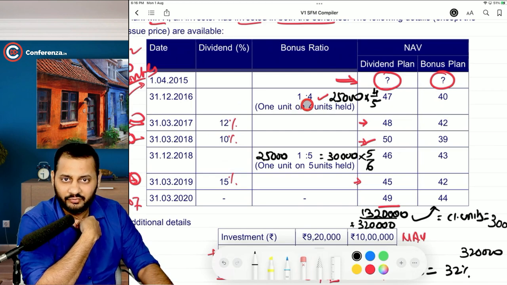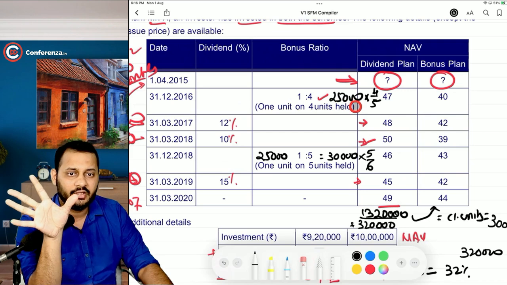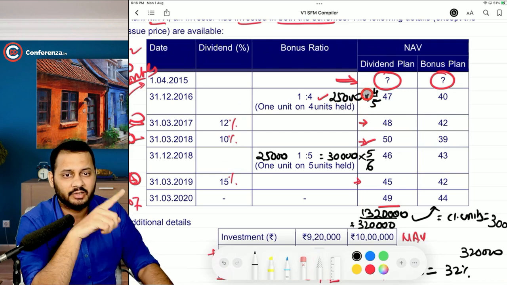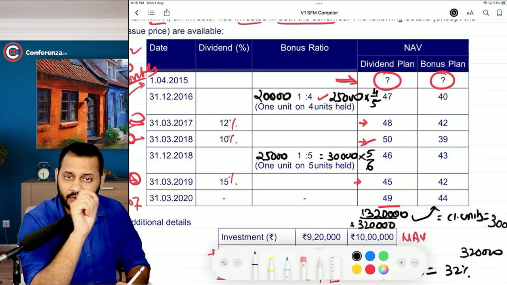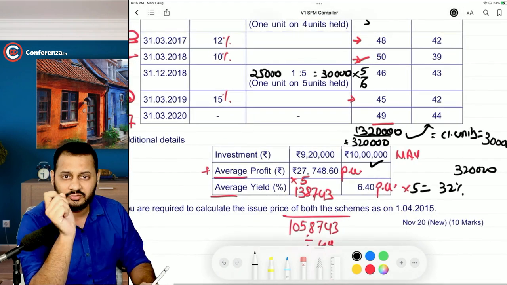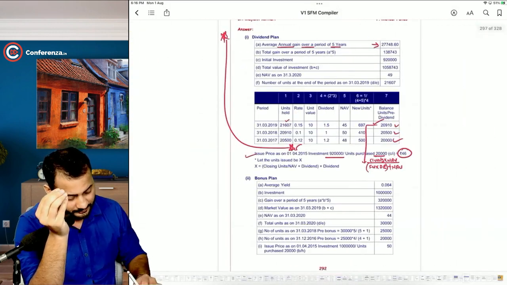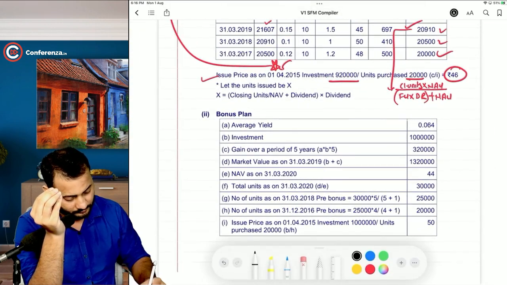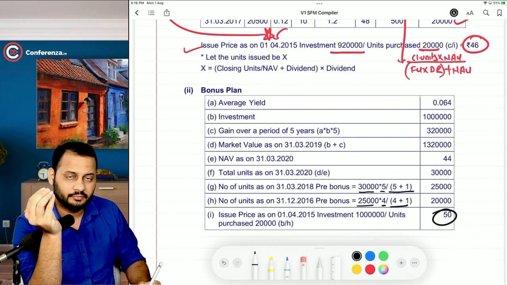So earlier we had 4, we received one more. So total we should have 5 now. So 25,000 divided by 5, 5,000 multiplied by 4, 20,000. So in this case also the number of units were 20,000 in the beginning. So if you divide 10 lakh by 20,000, you will get the NAV at the beginning, which is 50 rupees. See, 30,000 multiplied by 5 by 6, 25,000 multiplied by 4 by 5. Simple.